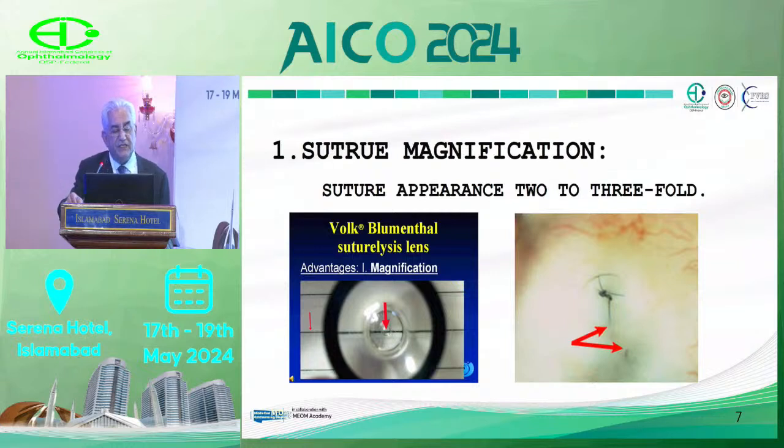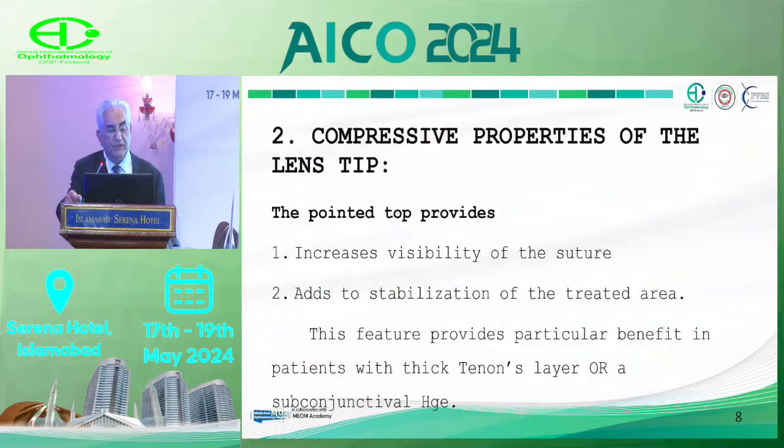Suture magnification you should do properly, and suture appearance 2 to 3 fold, you should be able to see whatever you want to do. The tip of this lens is pointed, and the pointed tip increases the visibility of the suture and adds to stabilization of the treated area.